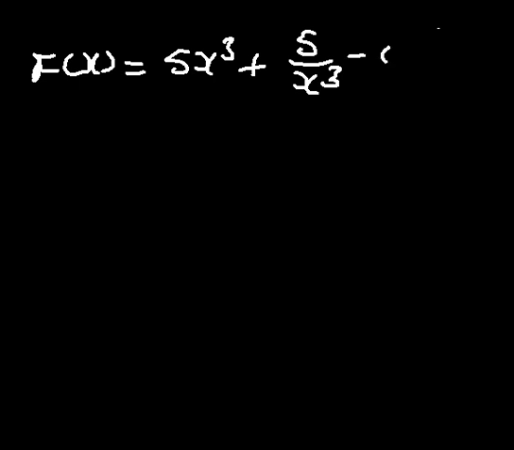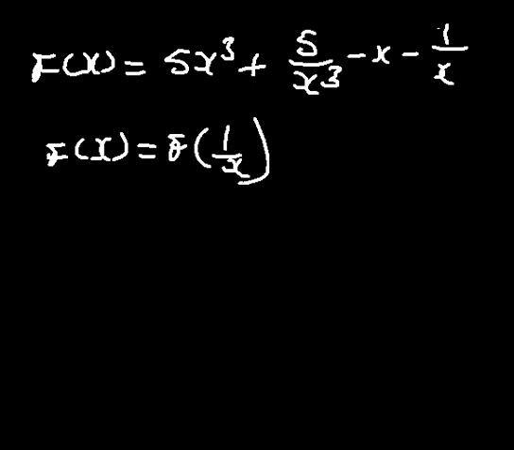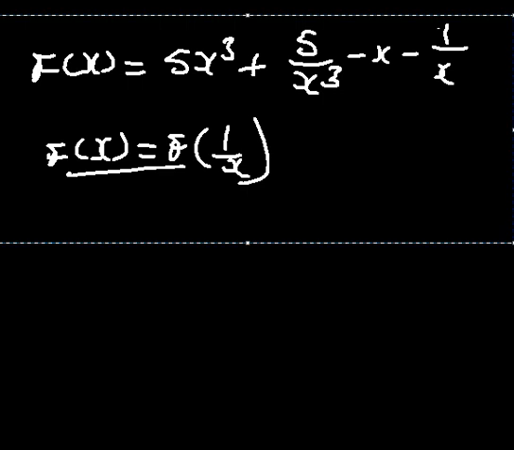So we should have to show that f of x is given as f of 1 over x. So try to show if this is true, and also try to have this problem out at your own time.